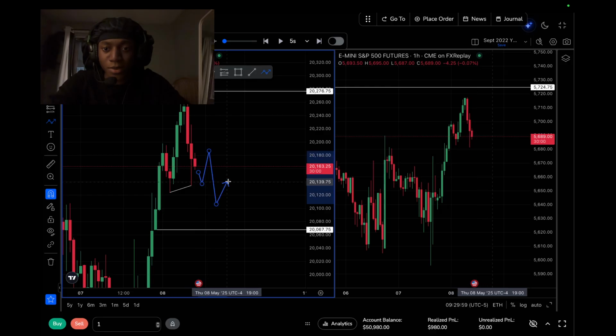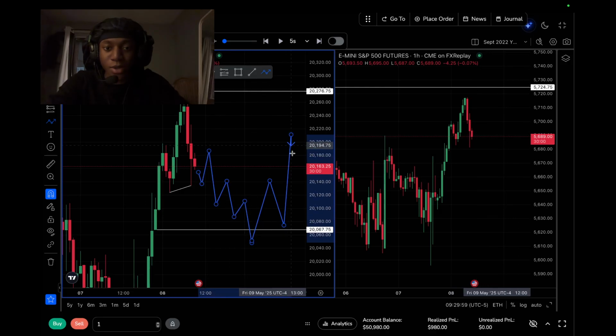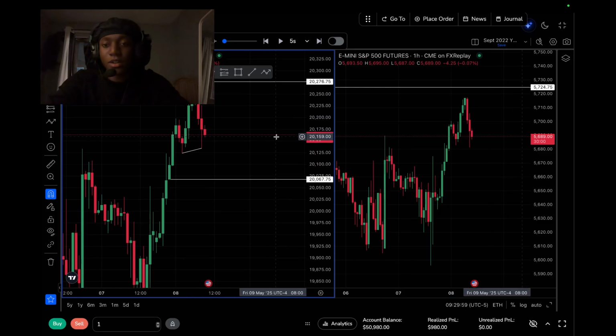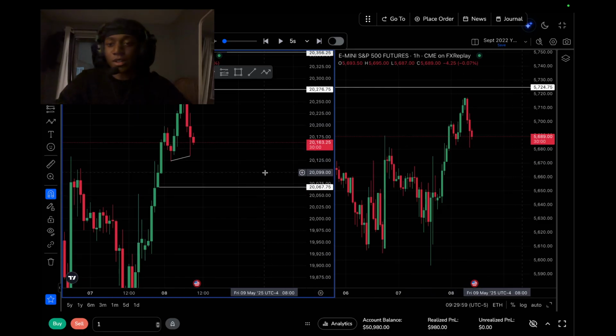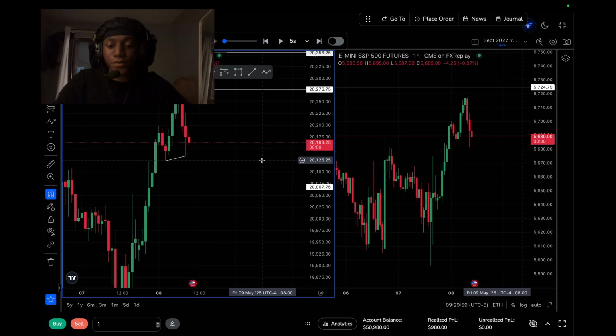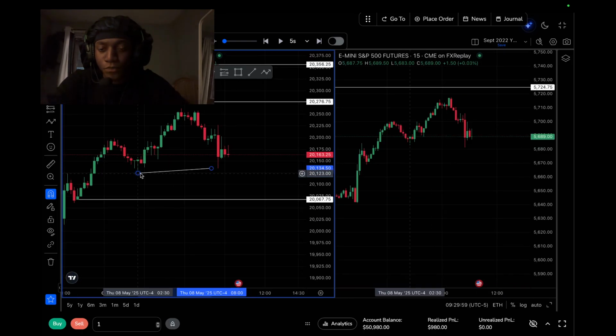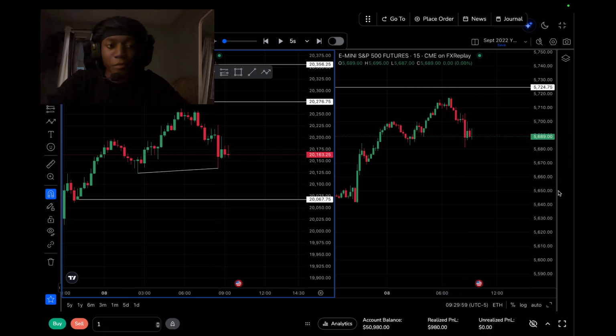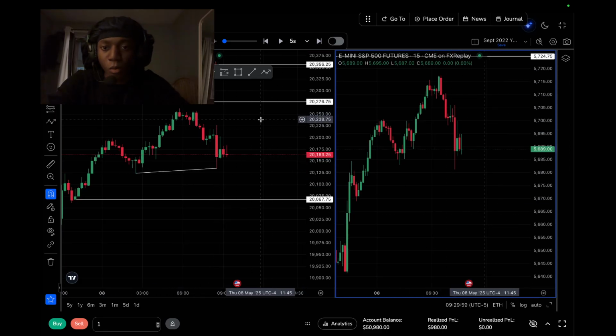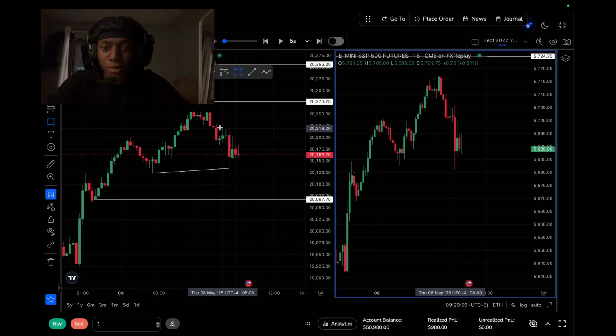Or something like this could play out. We get a rebalance and we start displacing to rebalance into that gap, and then either we come higher from there or we start trading lower. But again, we'll just see what happens there. 15-minute rebalance. This gap seems to be holding here.